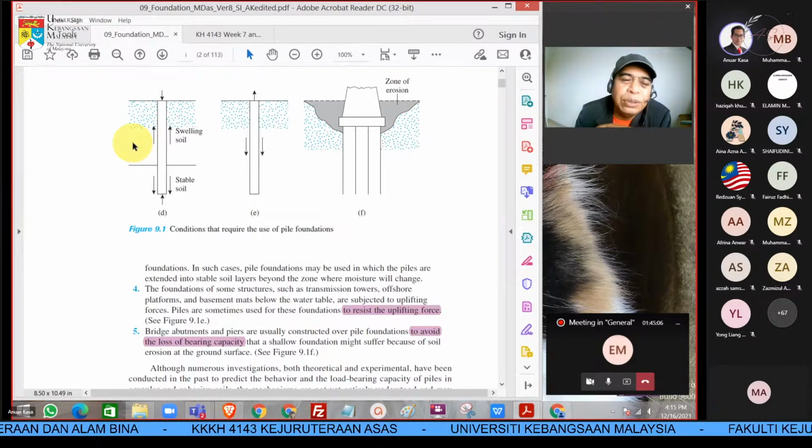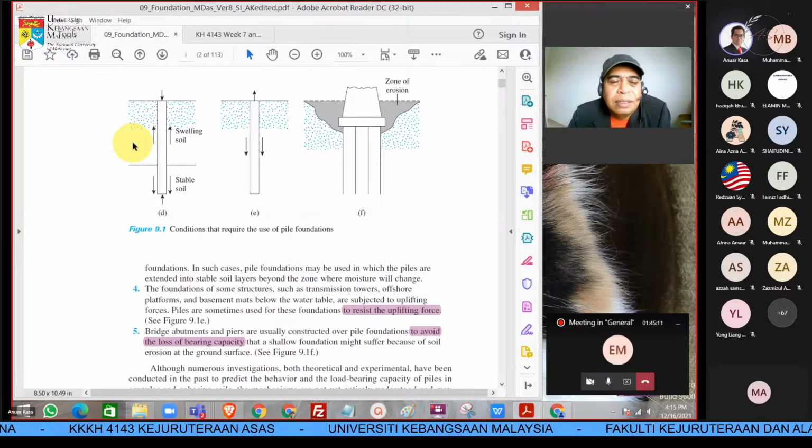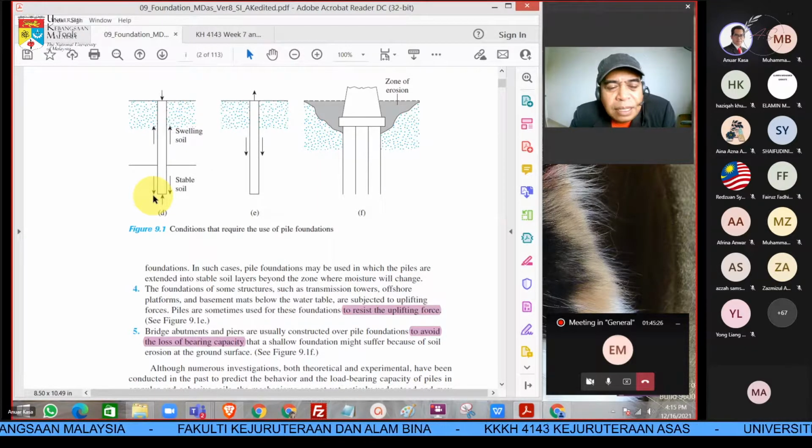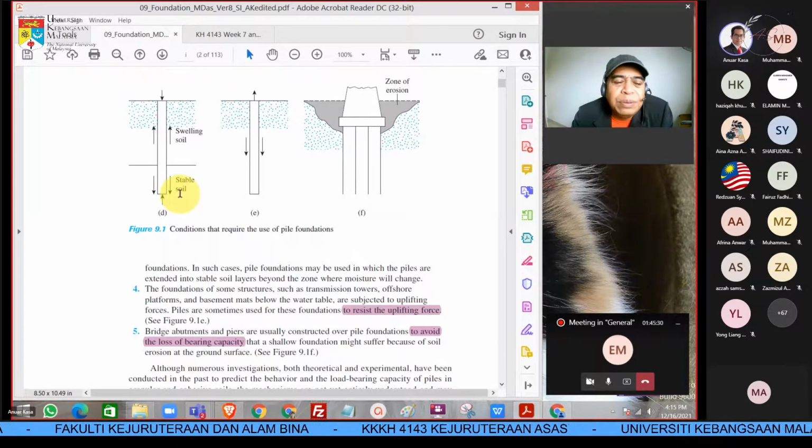so it is also pushing the pile upward. So in this case, normally we need to put the pile until below the swelling soil, into a stable soil like this one, so that it can cater, because this one is not supporting.